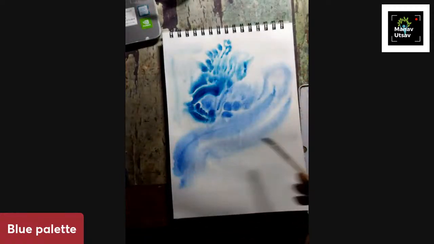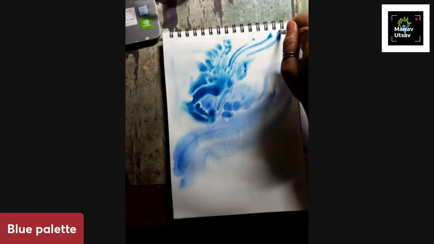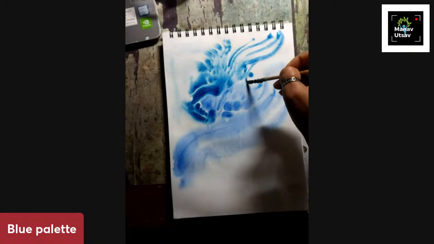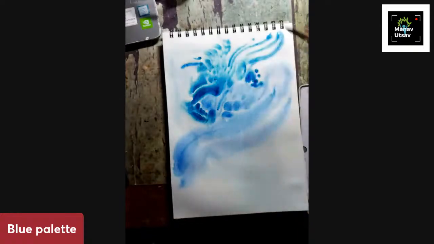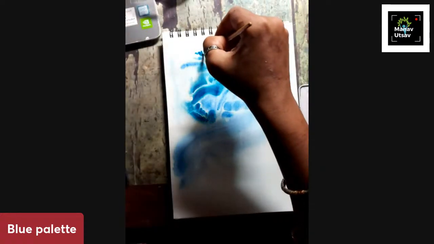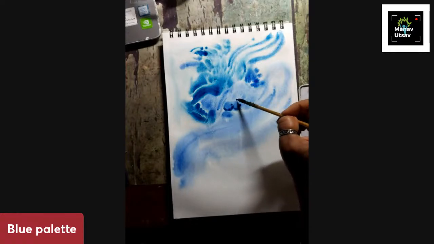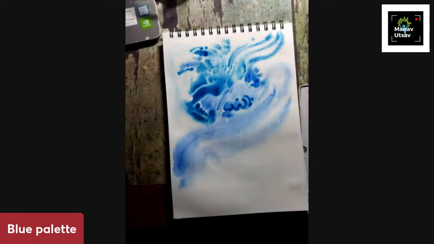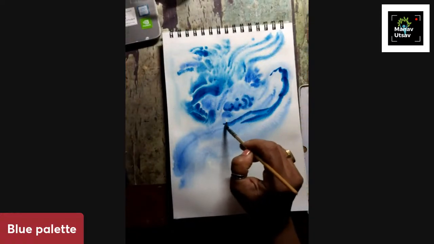Let it be there on the paper, and enjoy the beauty. I do not know what I am doing, but I am just applying the different shades of blue in the way I am feeling.